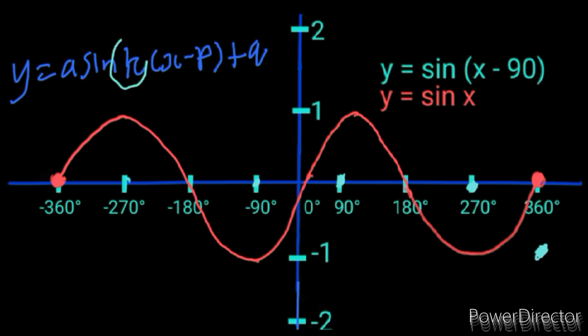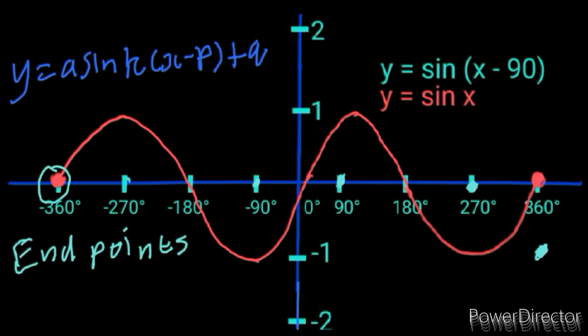Let's talk about K. So before we talk about K, let's just cover things like endpoints. So what are endpoints? When they talk about endpoints, they're just talking about the left end of the graph and the right end of the graph. So they're talking about the beginning coordinate and the end coordinate. So what is the beginning coordinate? This coordinate, as you can see, is 0, 0.